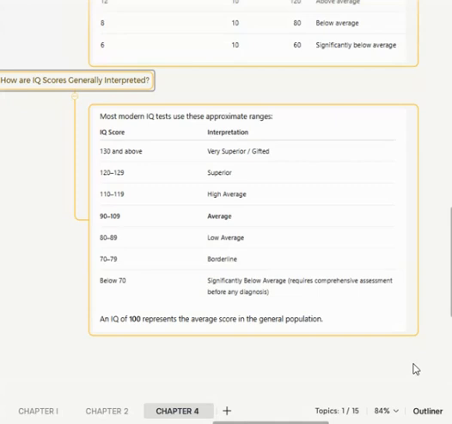Mental age, yeah: IQ equals mental age divided by the chronological age, multiplied by 100. So 100 is the score for calculation, it does not change. 100 is 100. If you want to know the result, 100 is the sample, and the sample is the score for multiplying.